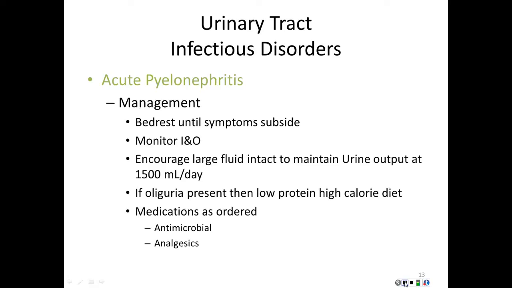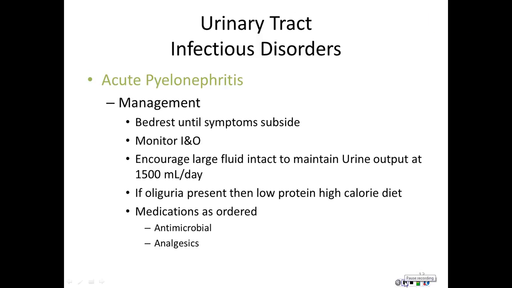Medications, typically antimicrobials. Those are typically going to be given IV so that we can get a level up in a hurry. And these patients may stay on that several days and then go home on oral antibiotics for 14 days or so. Analgesics can be given.